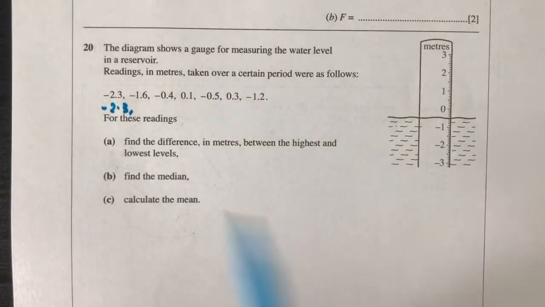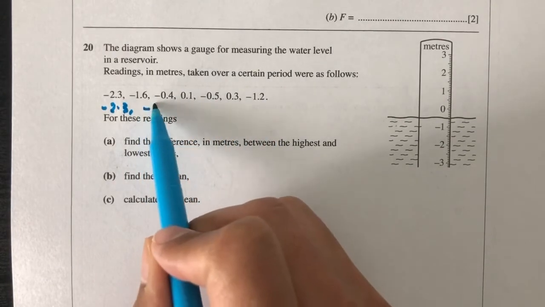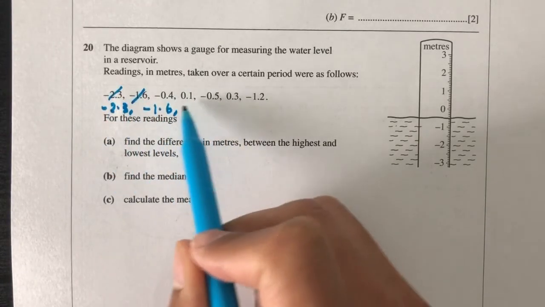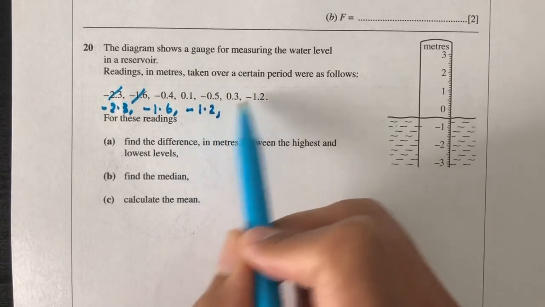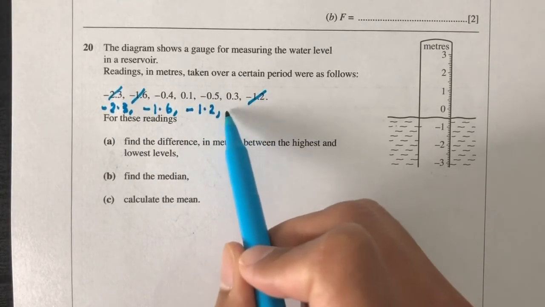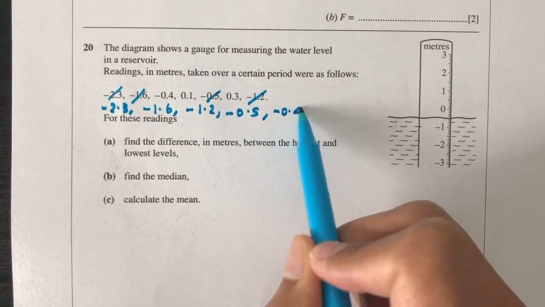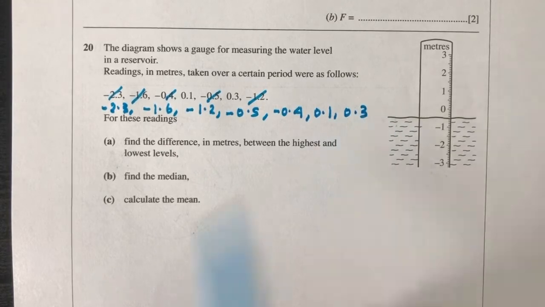Next one will be minus 1.6, and then we have minus 1.2, and then minus 0.5, minus 0.4, 0.1, 0.3.